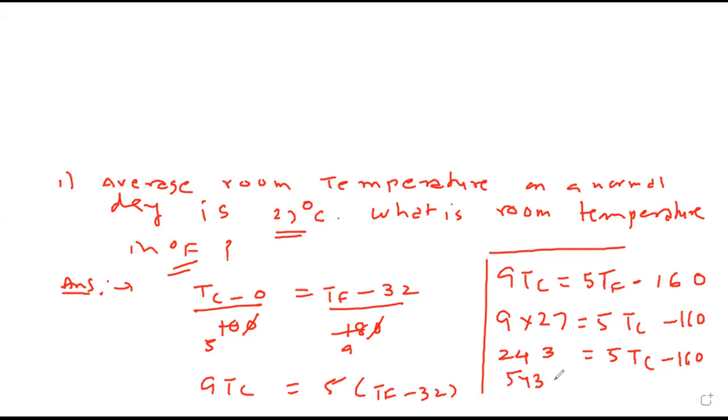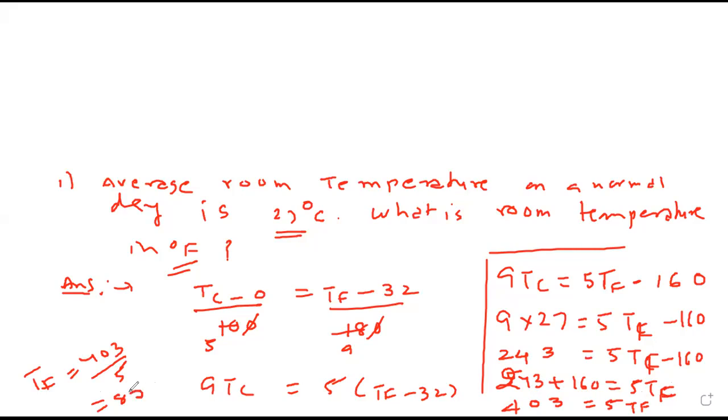So 243 plus 160 equals 5 times Tf. 3 plus 0 is 3, 4 and 6 is 10, carry 1. 403 equals 5 times Tf. Therefore Tf will be 403 upon 5. 5 8s are 40, 0, 6. 80.6 degrees Fahrenheit. Copy first.